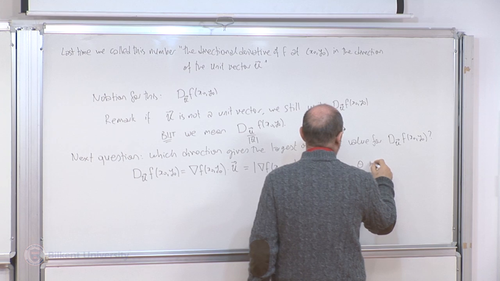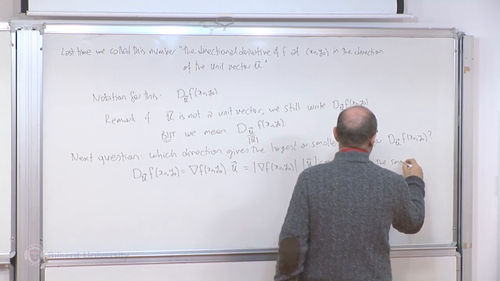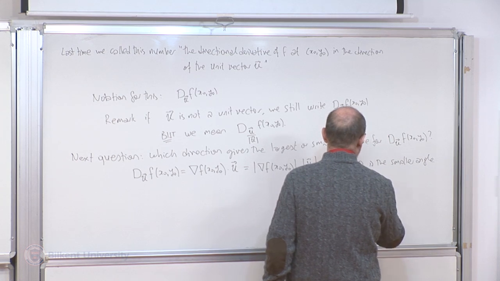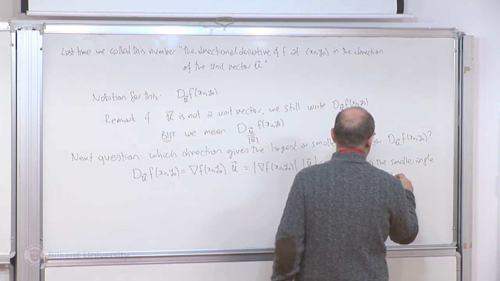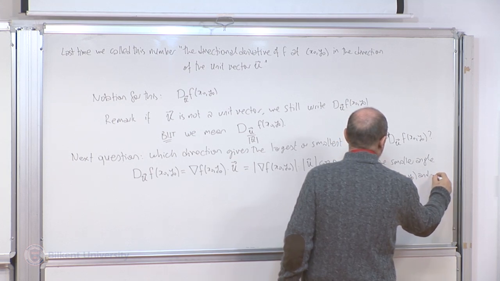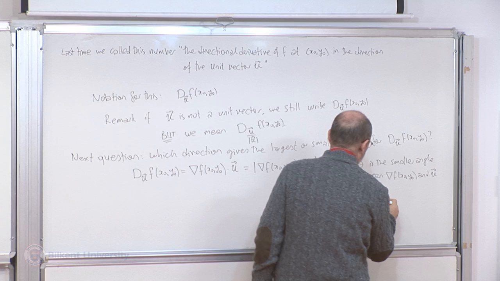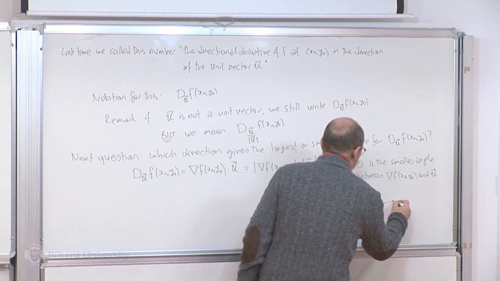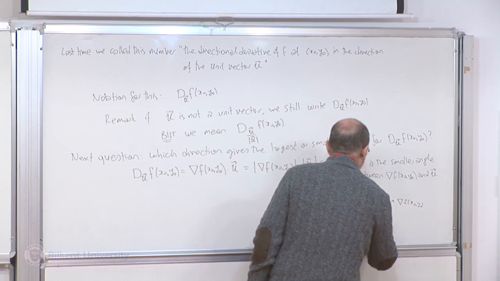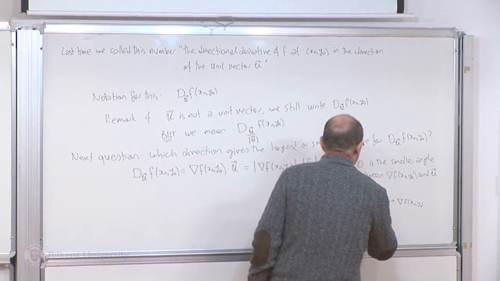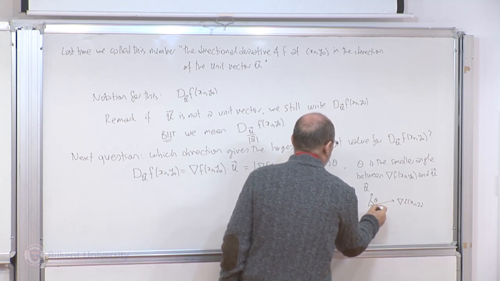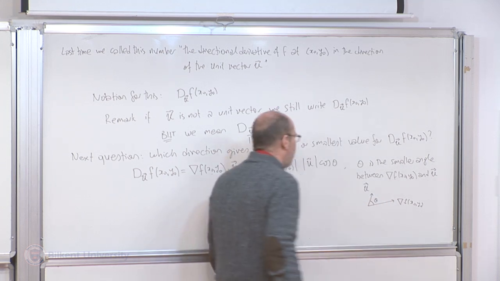Here, theta is the smaller angle between these two vectors, the gradient of f at that point and the unit vector u. If this is the gradient of f at that point, and this is your direction, this is theta. The other angle is this one, it is larger.